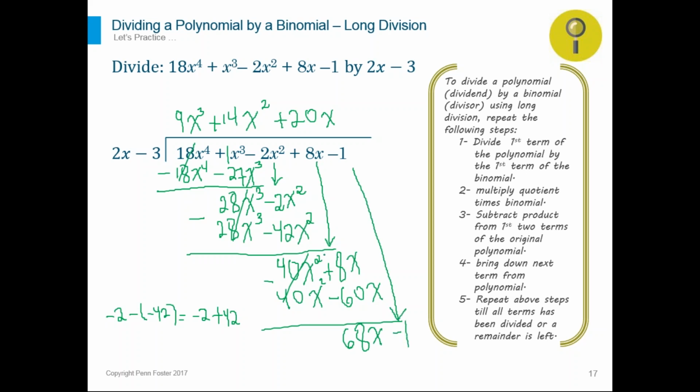Divide. 68 divided by 2 will give you a positive 34. And x will just go away. So 34 times 2x will give you back the 68x, and 34 times negative 3 will give you 102.